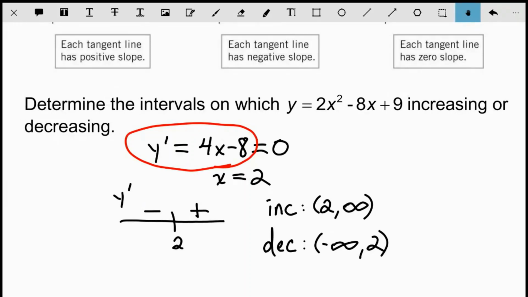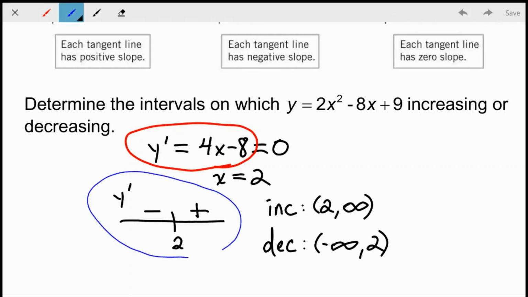Okay, so the one thing I do want to tell you is when you have to justify your solutions for problems like this, a sign chart is a really nice visual tool that we use to represent what's going on with the function, but that does not serve as justification for our solution.